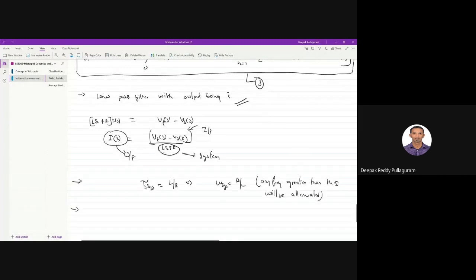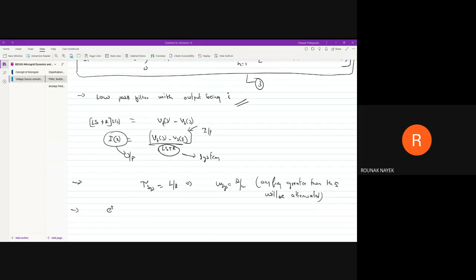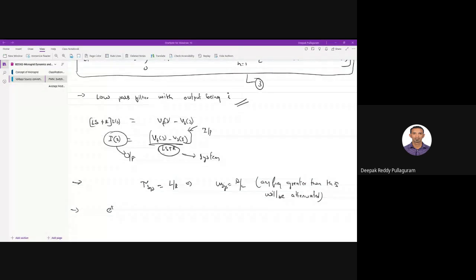Others, you say like this: is e power t a linear system or a nonlinear system? Non-linear, sir. Do we have a transfer function for this? Yes, sir, we can represent it in Laplace.